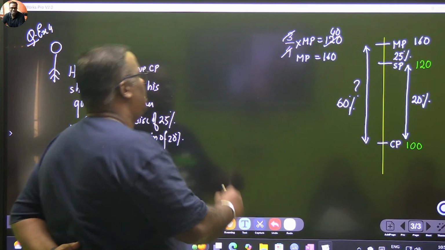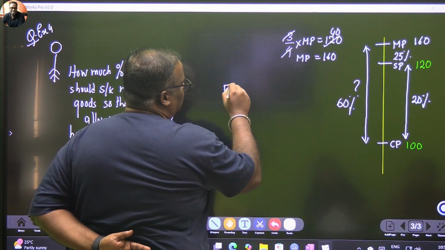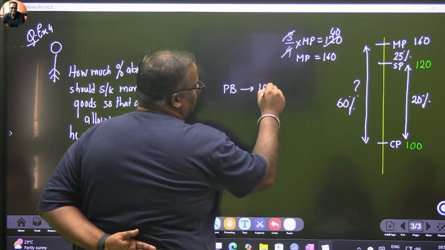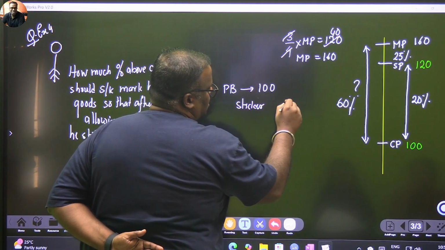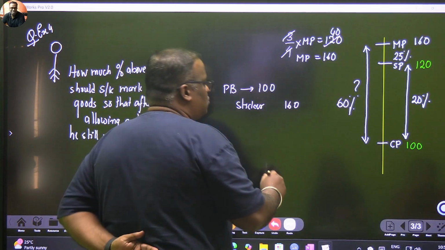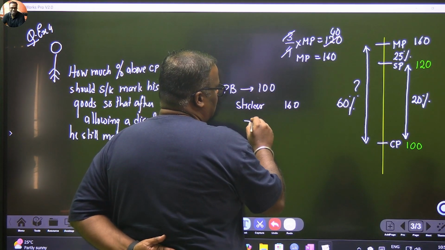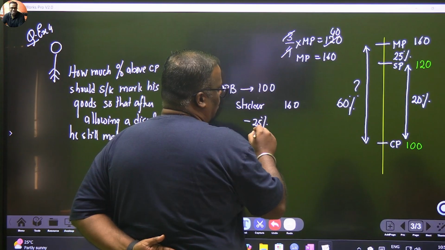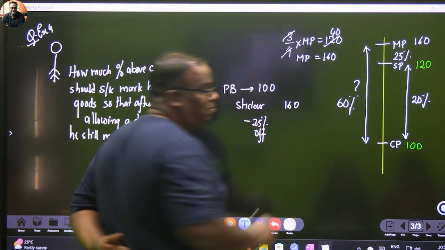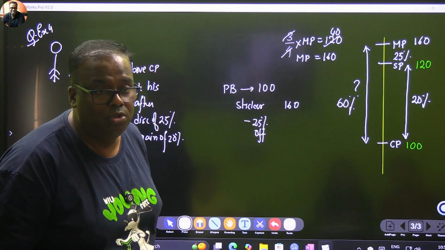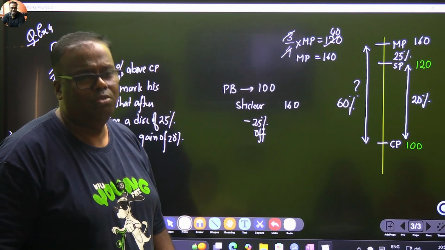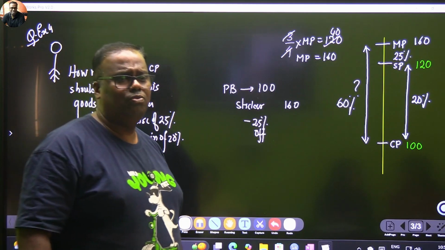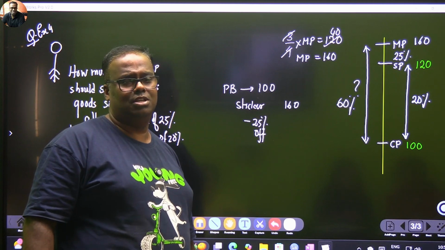Let's see this. I bought the pencil box for 100 rupees. Sticker is for how much? 160. Abhigya comes to my store. I say 25% off, what is 25%, beta? 1/4. 1/4 of 160 is how much? 40 rupees.